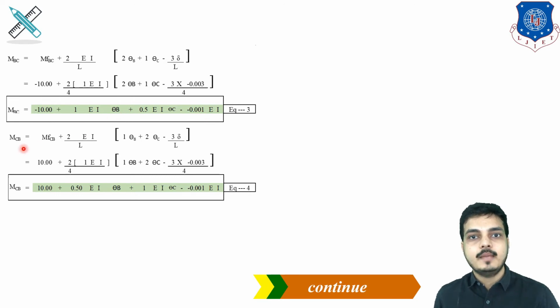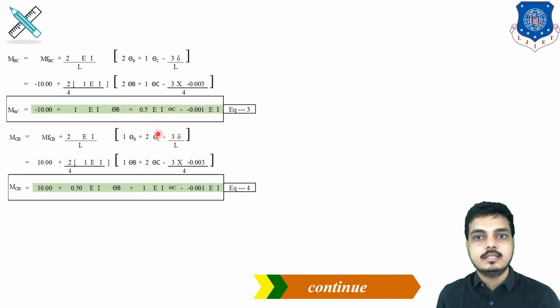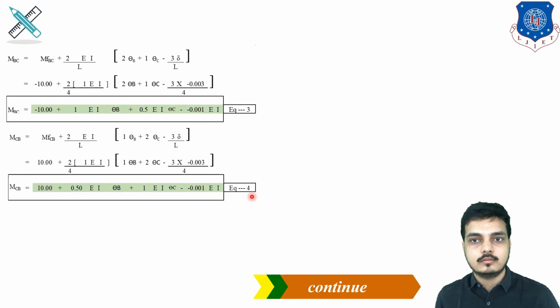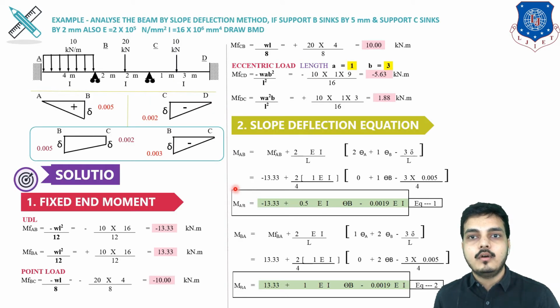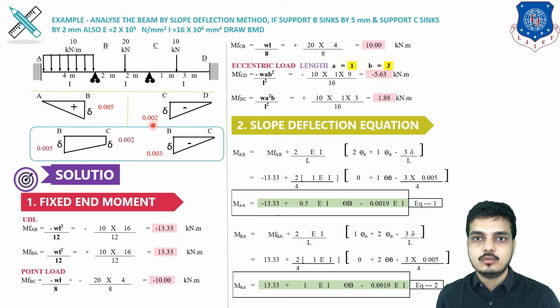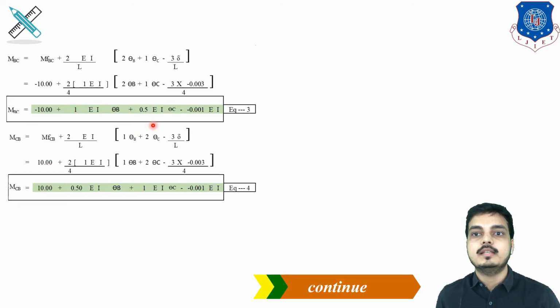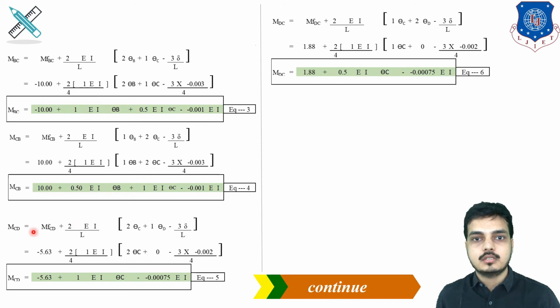Now for M_CB, it is similar to M_BC, but in place of 1 theta C it will be 2 theta C, and in place of 2 theta B it will be 1 theta B. It is just a formula. So by placing that, I will be getting my equation number 4. Now for the CD span, we have seen that the value is 0.002 in negative, so we will be placing it in the equation.